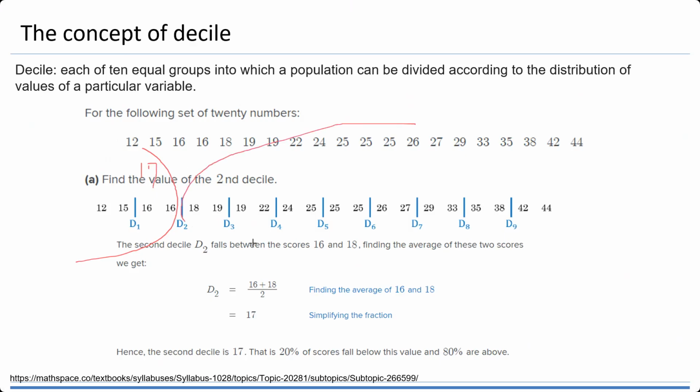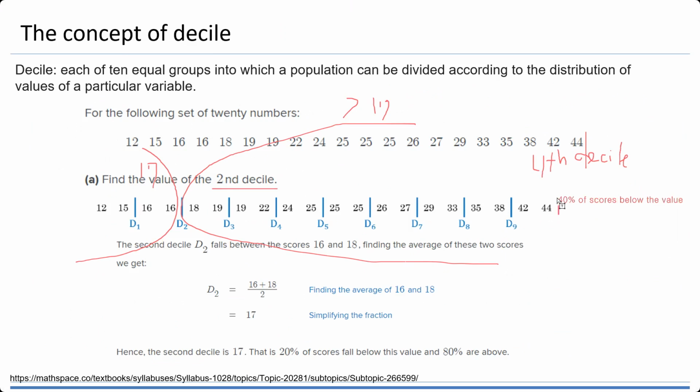And higher than 17 means 80% of the data. That's the meaning of the second decile. What about the fourth decile? Fourth decile means 40% of scores are below the value.